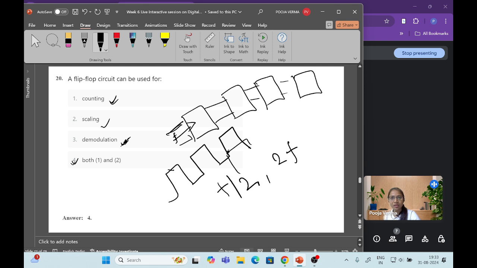Okay, scaling means increasing or decreasing the frequency, or you can amplify or increase or decrease any value or any quantity. For example, if we are using a number of flip-flops in series or parallel, that means we are also scaling, or increasing the number of bits. That is also called scaling, right?